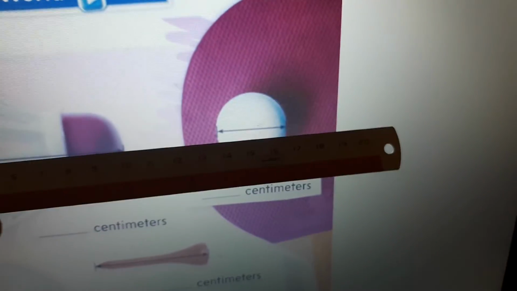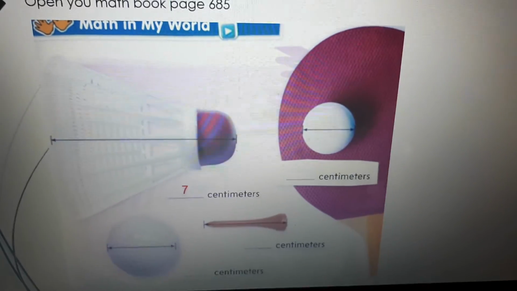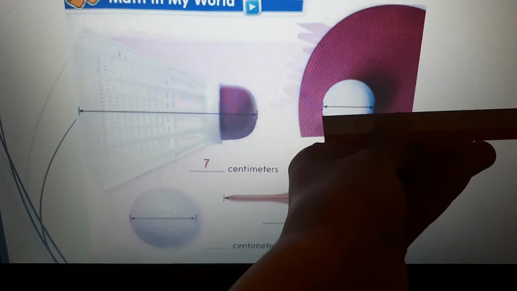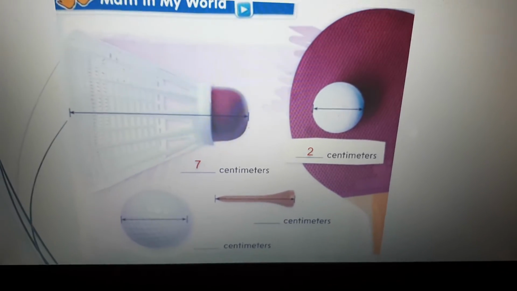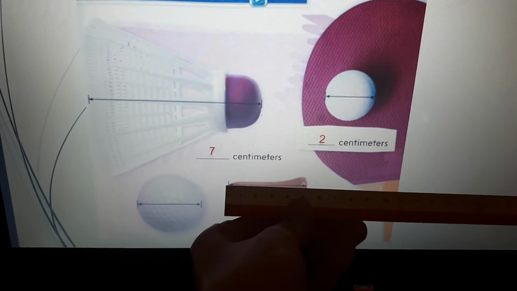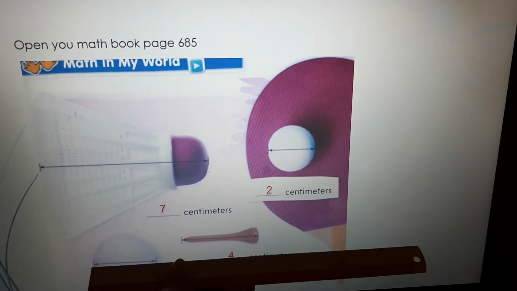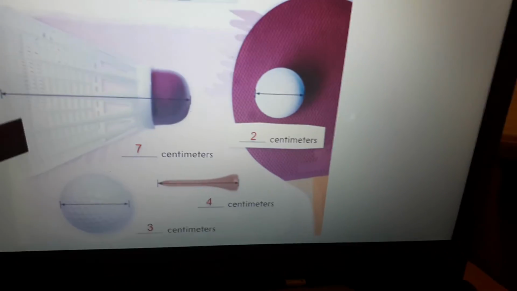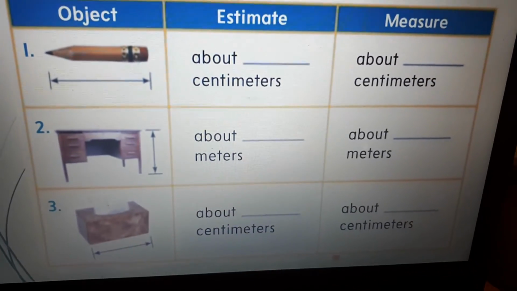From here to here, it's 10 centimeters. Here it is 3, and here it is 2 centimeters, and here I think it is 4 centimeters. Each one of you will have different sizes, because the size of this one was different from the size of the book.